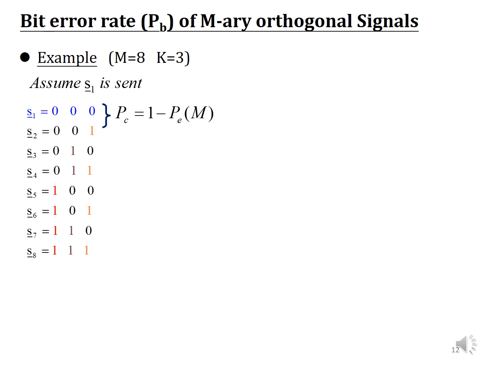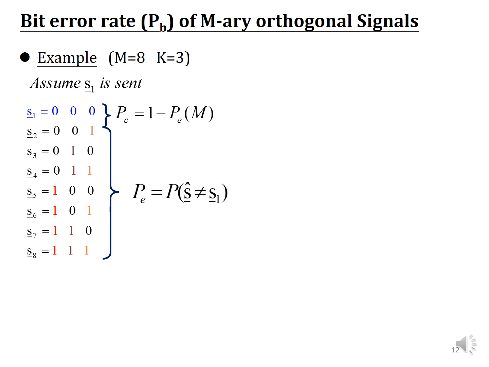PE is what we have for the M-ary orthogonal signal, the integral, that logarithm integral. And there are 7 error cases, right? If the detected result is any one of these 7 case symbols, then that makes the error.